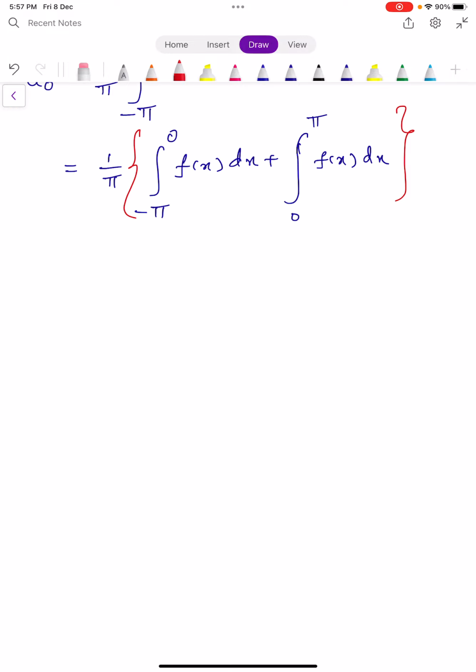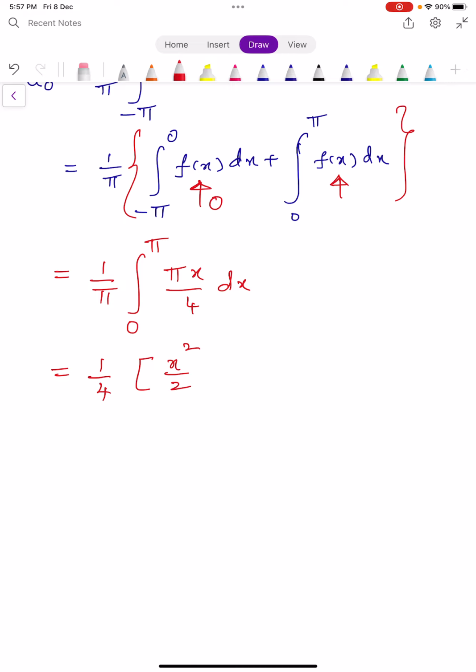By applying this definition, here the value of the function is 0, and here the value of the function is pi x by 4. So you simply get 1 by pi integral 0 to pi of pi x by 4 dx. Here pi gets cancelled. You simply get 1 by 4 integral of x square by 2 with limits 0 to pi.